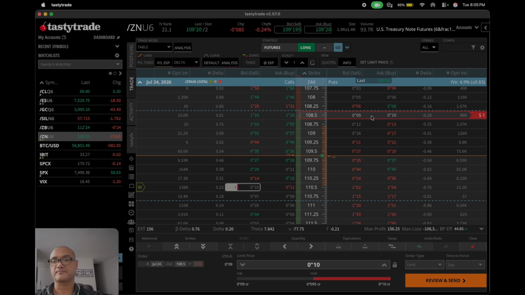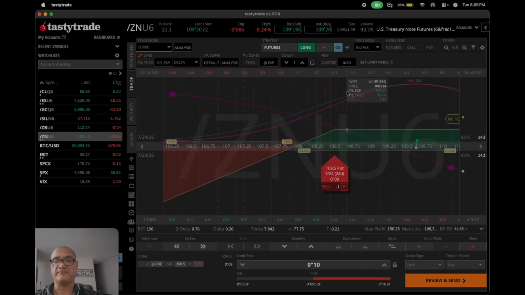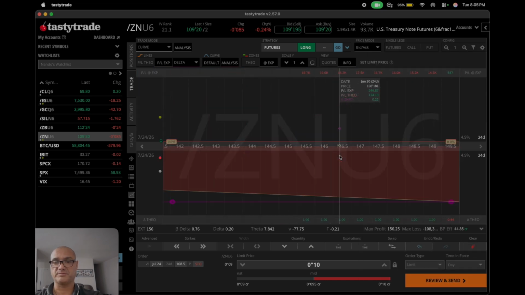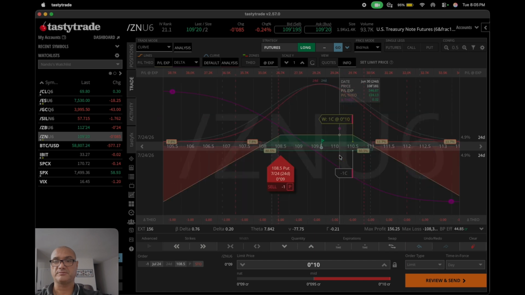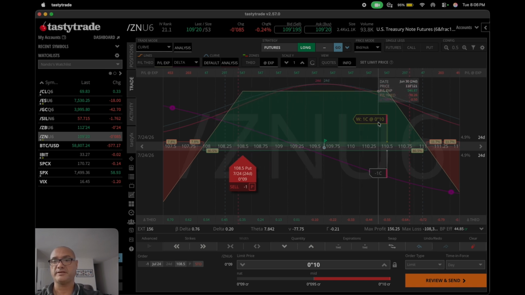And then I would have converted this short call into a strangle. So I'm going to have negative gamma, negative vega, and I'm going to have risk. Where's my risk here? There we go. So I'm going to have risk outside the wings, 108.5 and the 110.